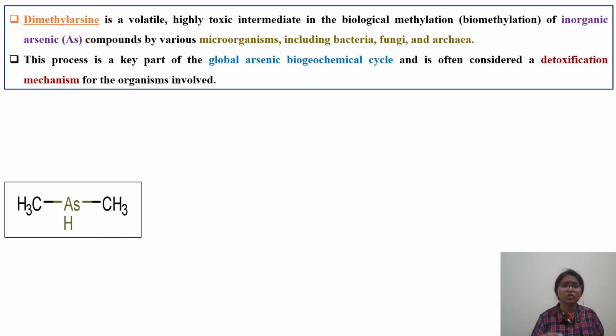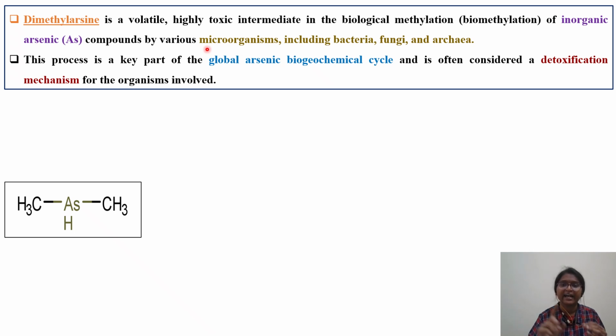Now we will see the second option, dimethyl arsine, which comes from arsenic. It is a volatile, highly toxic intermediate in the biomethylation of inorganic arsenic. Similarly to inorganic mercury, inorganic arsenic is also converted into dimethyl arsine, organic arsine compounds, by various microorganisms. What are those?